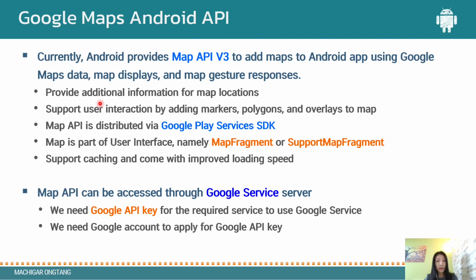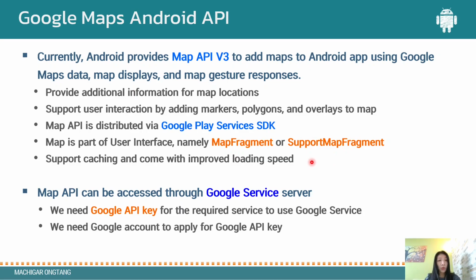What we are going to be using is a map fragment. We talked about fragments earlier. So a map that's going to be embedded into the application screen is going to be something like a map fragment, and also the recent upgraded version, which we call the support map fragment.